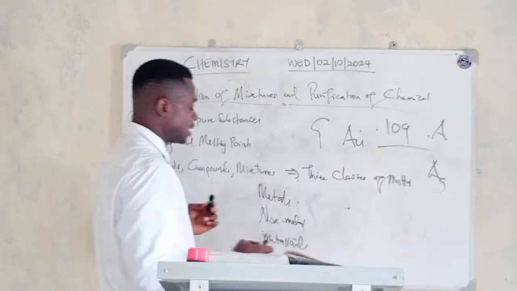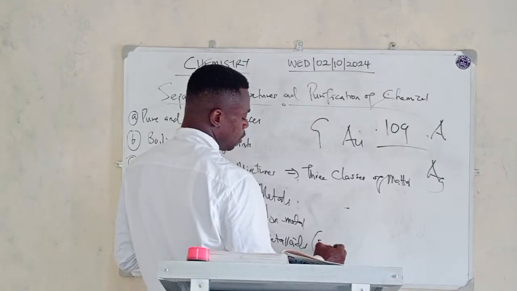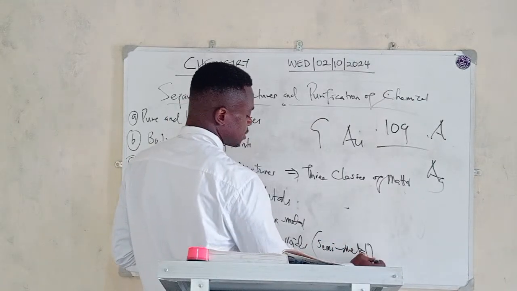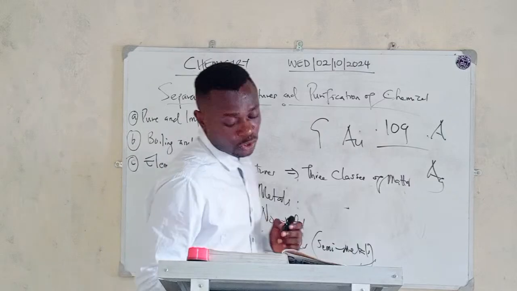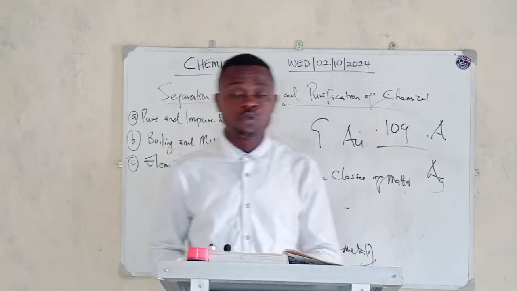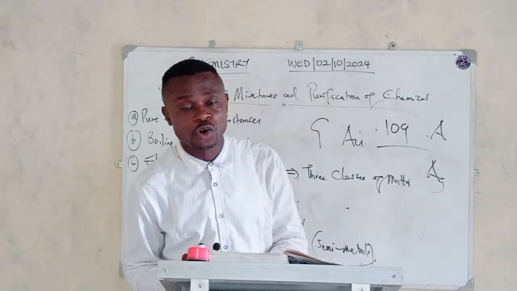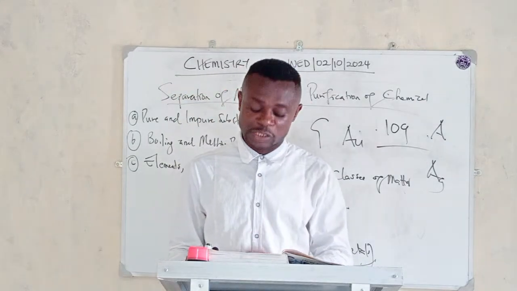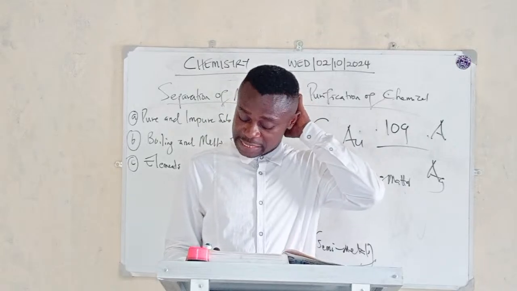These metalloids are also called what? Semi-metals. So when we go to the periodic table or start going into the atom fully, we'll explain these elements.